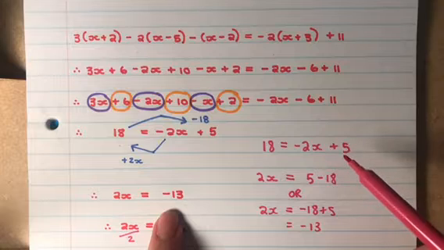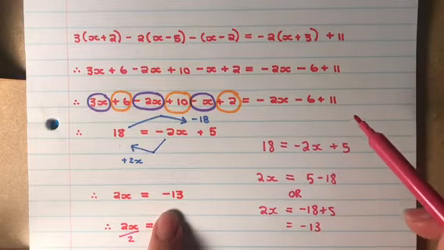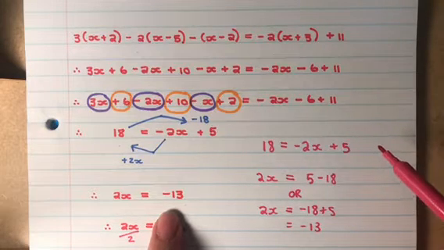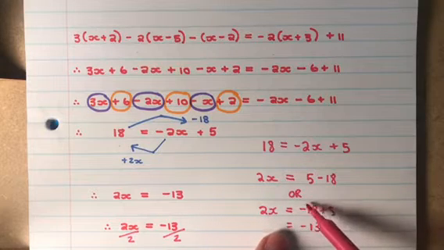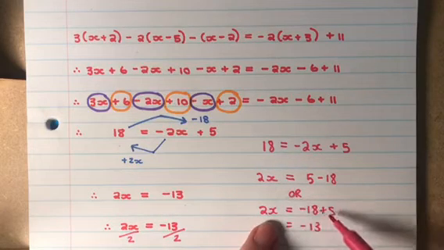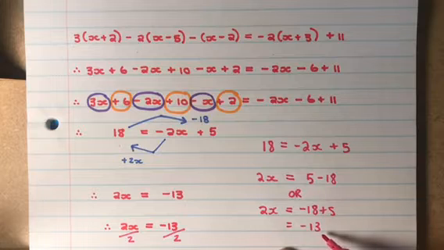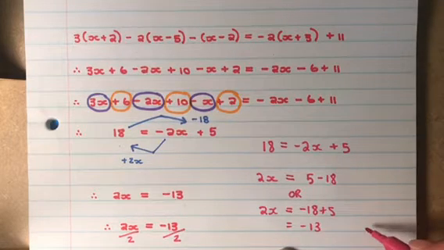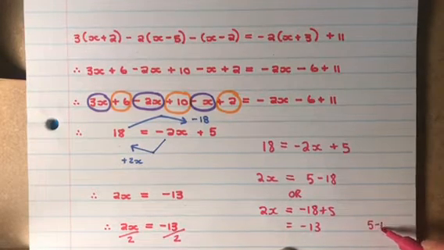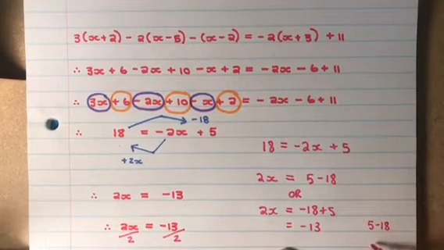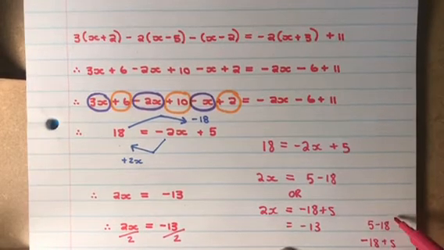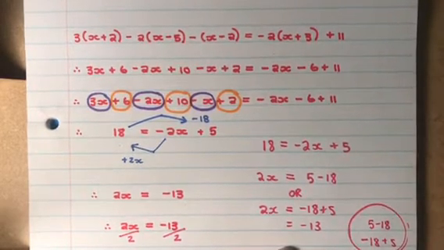It still stays a positive 5, and the minus 18 comes over. It still gives you the same answer. Why? Because 5 minus 18 is the same as, as long as the sign goes with that term, minus 18 plus 5. That's the same. Okay. All right.